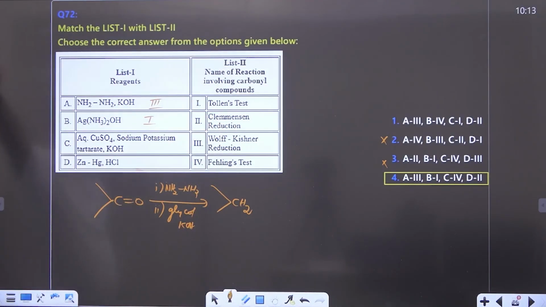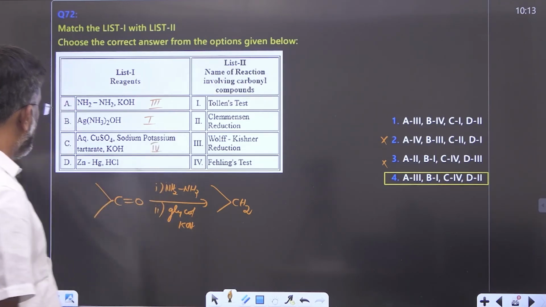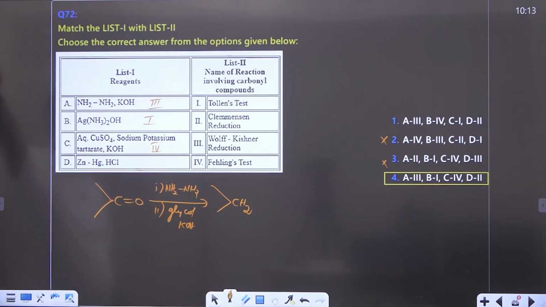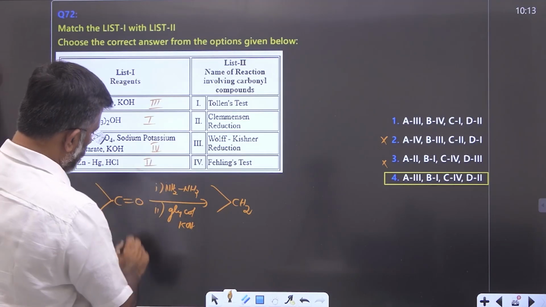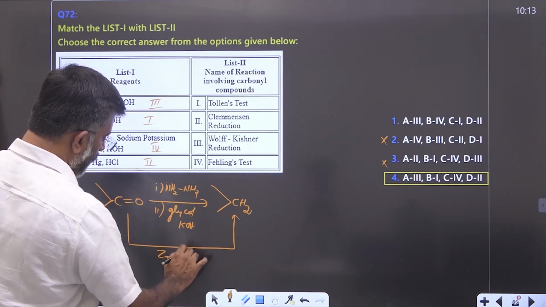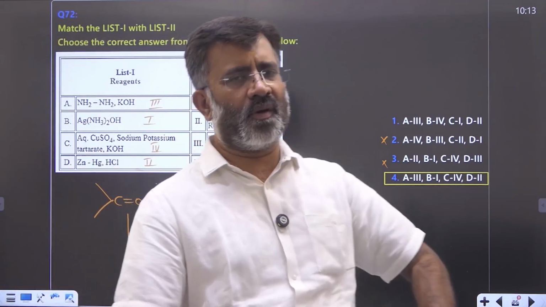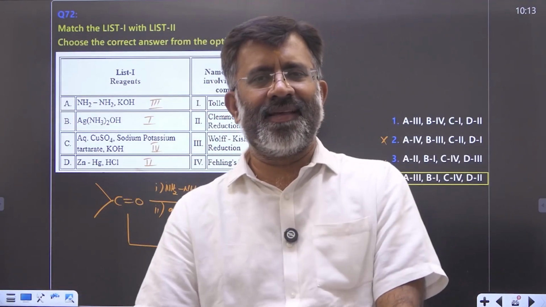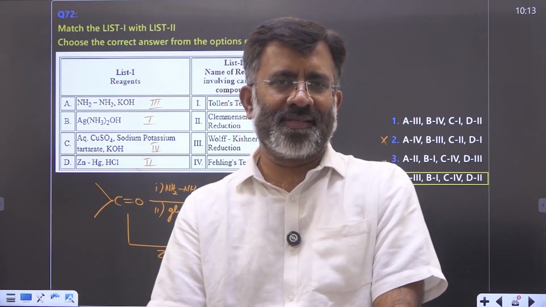Ammoniacal copper sulfate, sodium potassium tartrate, that is Fehling's solution. So this matches with 4. And zinc amalgam HCl, that is Clemmensen reduction, matches with 2. So that's a very simple question based on very simple reagents that we are comfortably in touch with continuously.